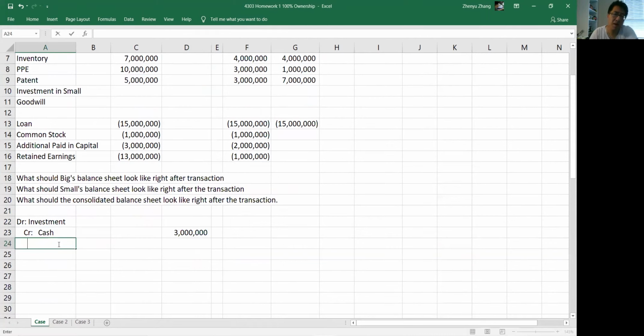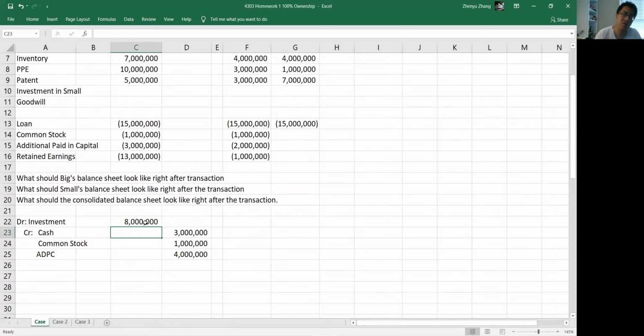One, it's 1 million shares at $1 par value, so 1 million is the face value. And then we have additional paid-in capital, which is the difference between the market value and face value, which is 4 million. So the total investment is worth 8 million.